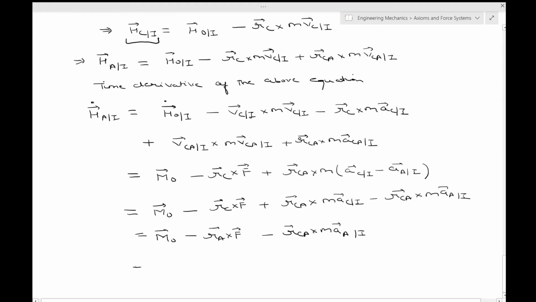This implies that H dot A in I is equal to MA minus RCA cross MAA in terms of I. Let me use different colors over here.